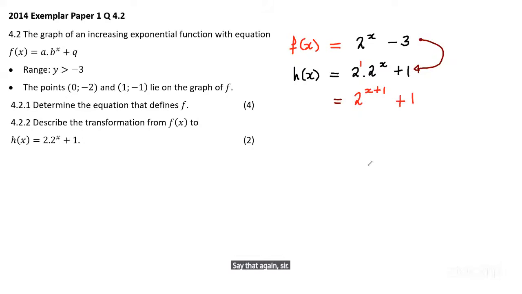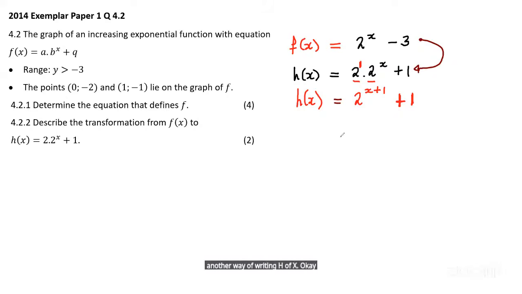What did you do? Well, the power of x is 1. Since the bases are the same, the powers must add. 1 plus x is like x plus 1. Then there's a plus 1 as well. This is another way of writing h of x.